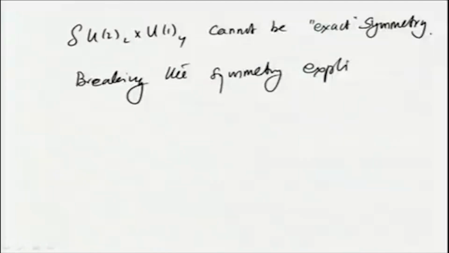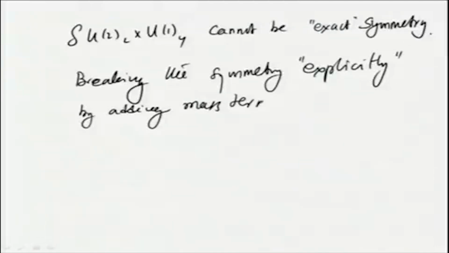By explicit we mean by adding mass terms to the Lagrangian. This is not a good idea, because this leads to various problems.